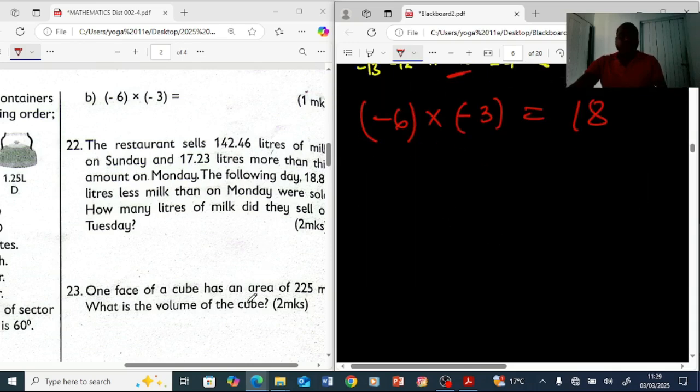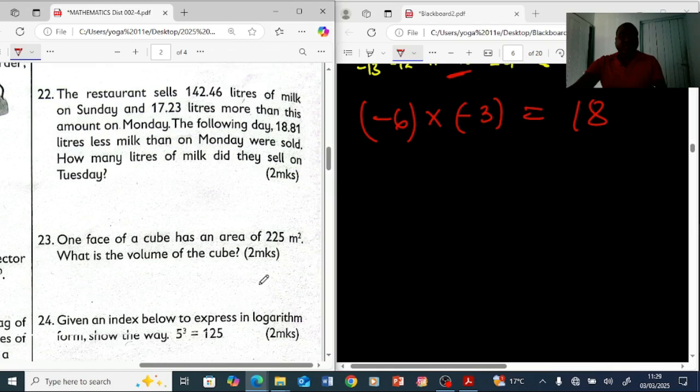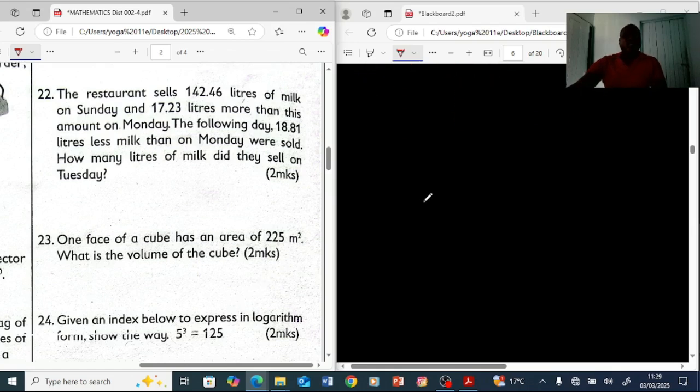Number 22. The restaurant sells 142.46 liters of milk on a Sunday and 17.23 liters more on Monday. The following day, 18.81 liters less than Monday were sold.